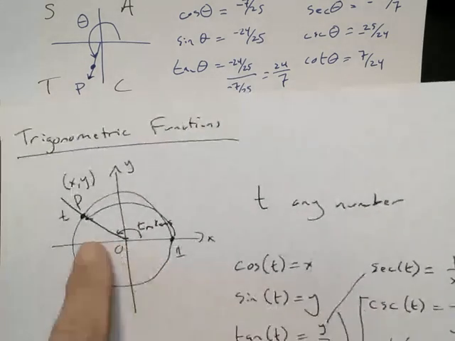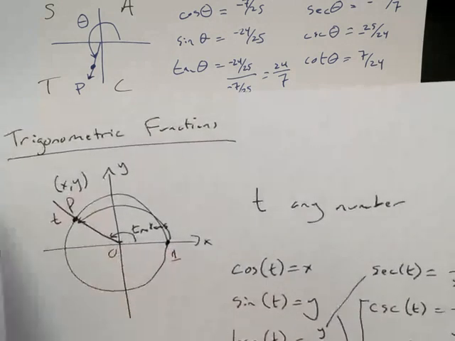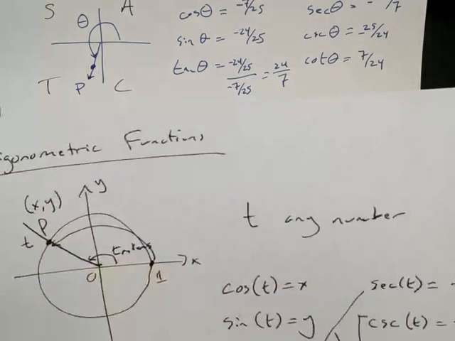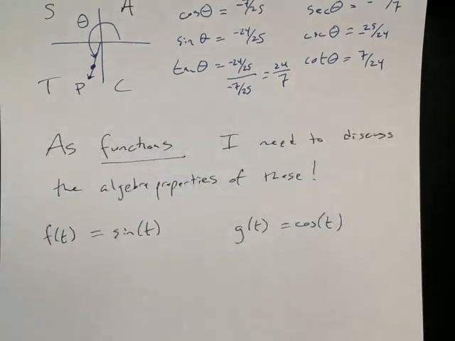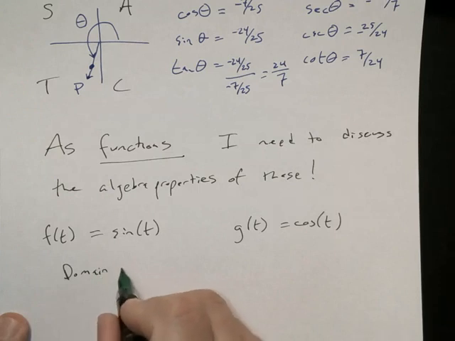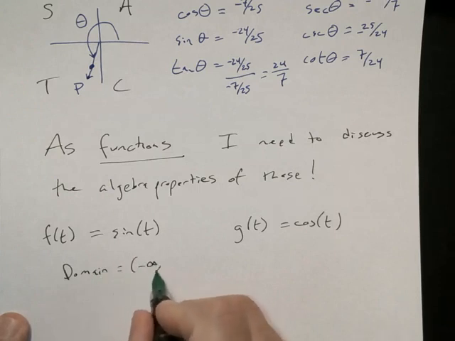No matter what t value I end up at, that ray is going to cross the circle somewhere. And that means that no matter what t value I put in, these are both defined. And that means that their domain is any number you want.